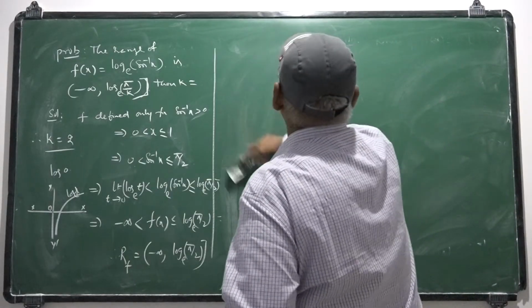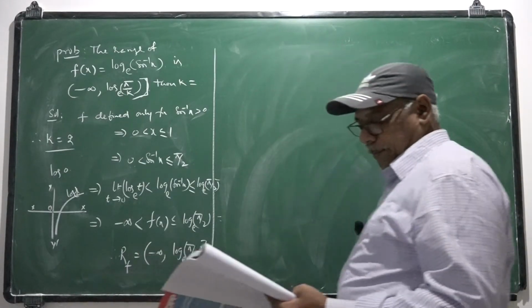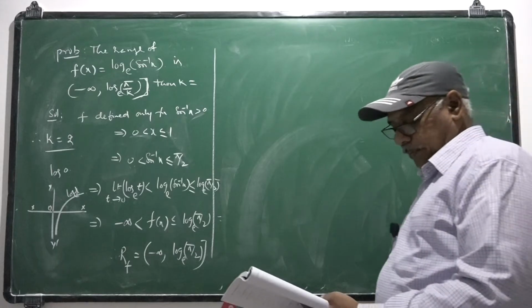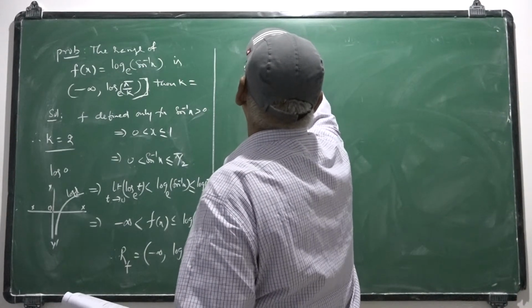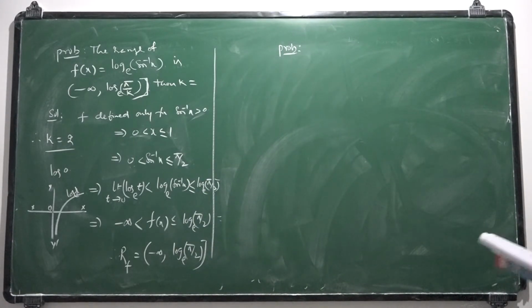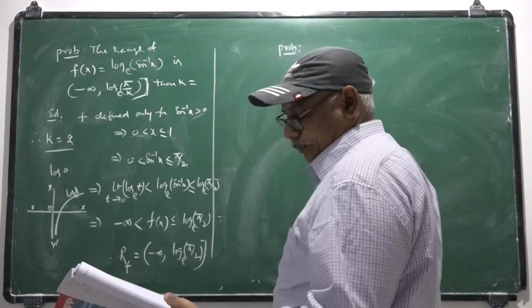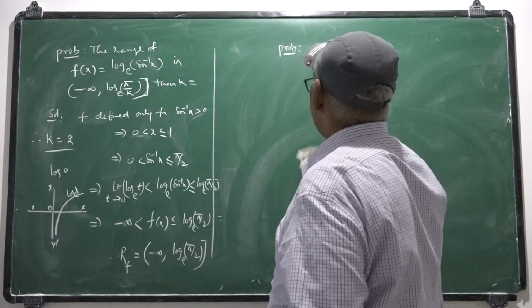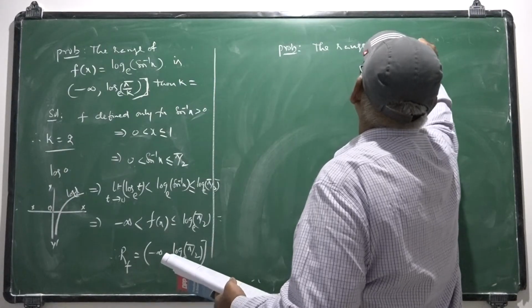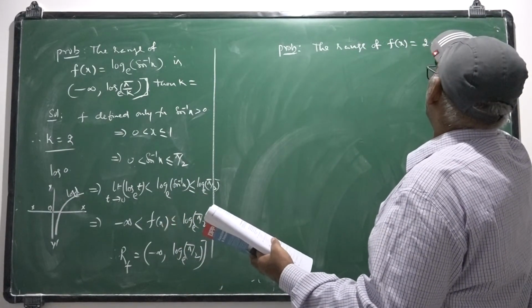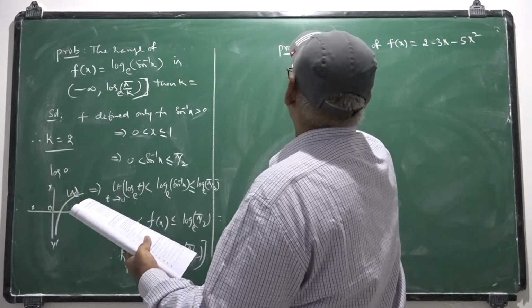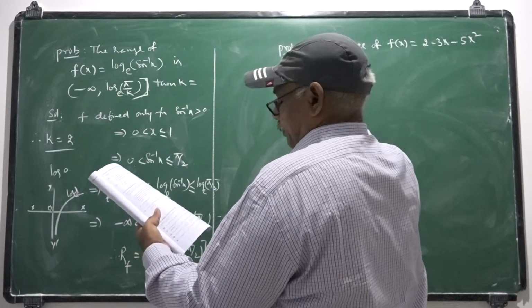Integer type questions. Next. The range of f(x) equal to 2 minus 3x minus 5x square is minus infinity to lambda.